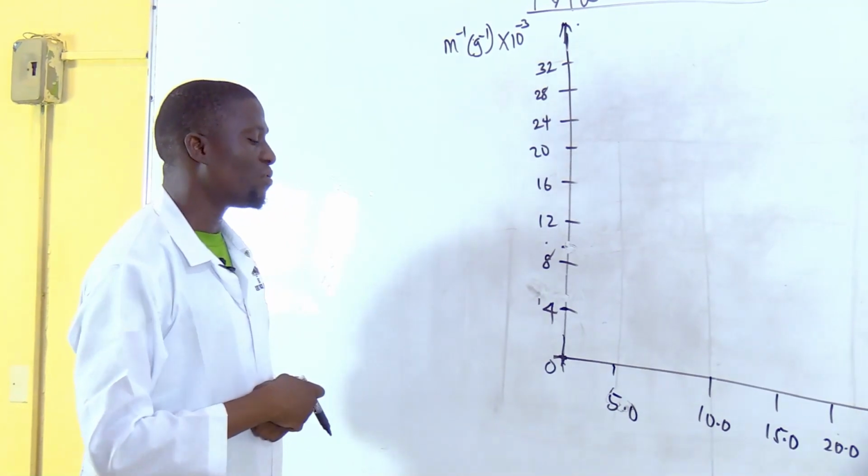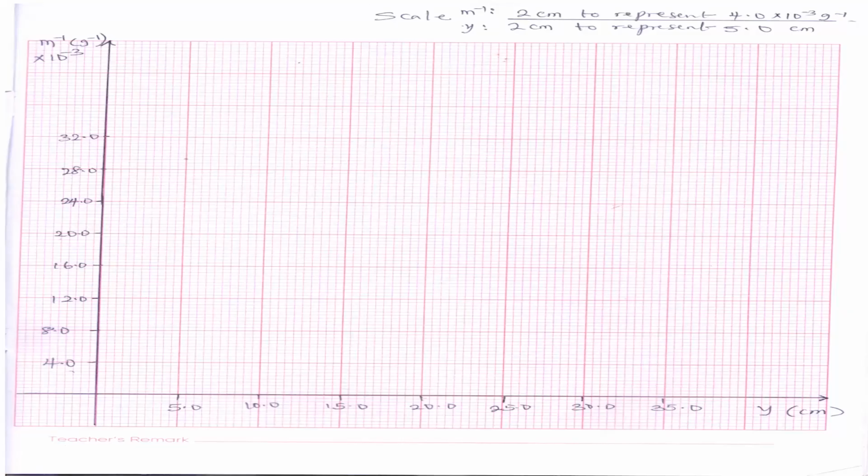How do we take the units of the graph? Look at the way we have represented the value. You see the scale as shown on the screen. For the y-axis, which is the vertical, you are going to have 2 centimeters to represent 4.0 times 10 raised to power minus 3 per gram.